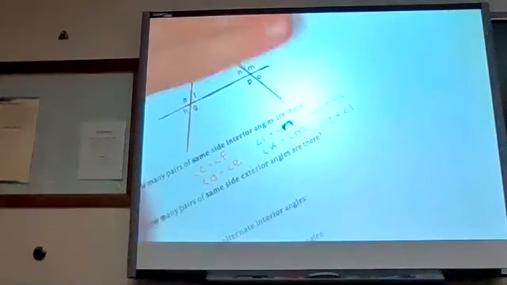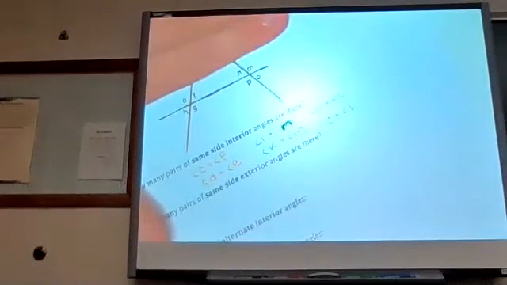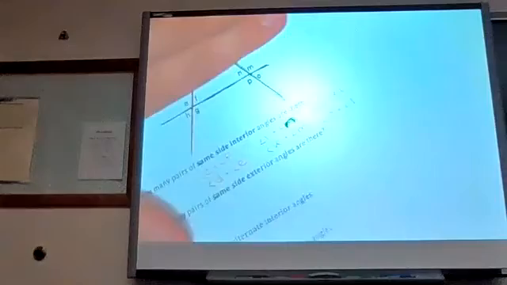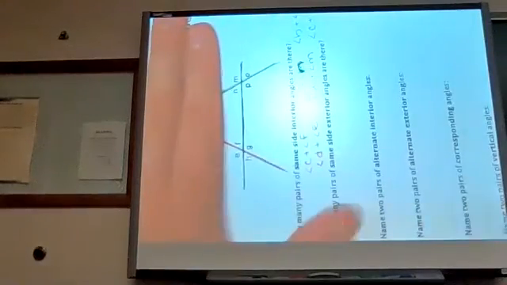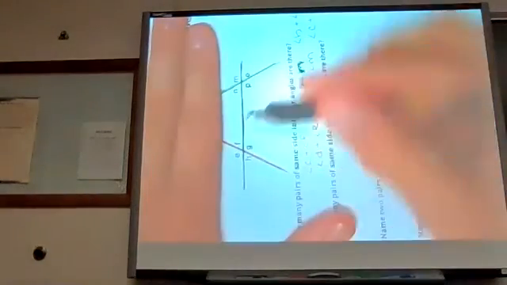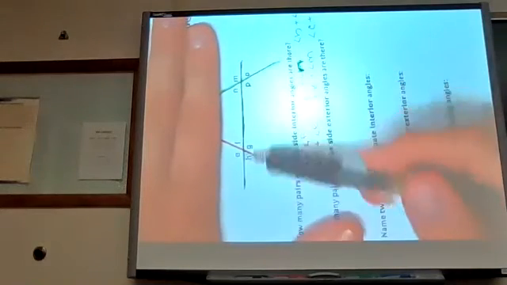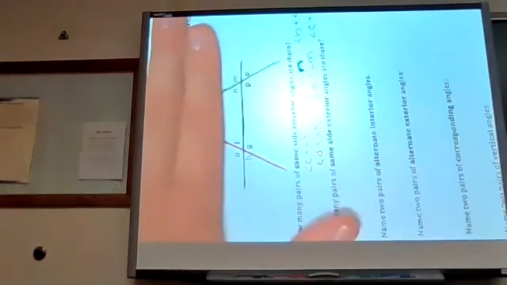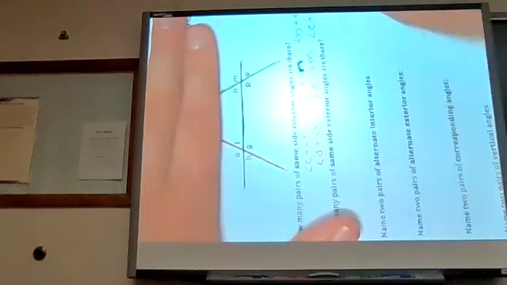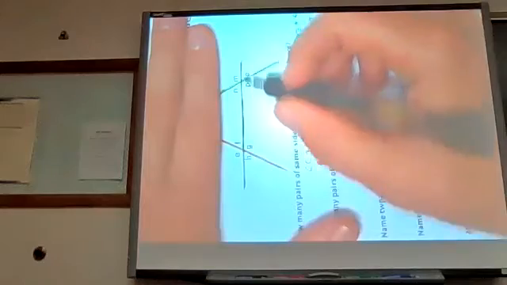And we still have another transversal. I like to flip it. I like to look at it this way instead of the other way; you don't have to flip it. I have this black transversal. Same side interior angles here would be? B and... Black transversal, same side.